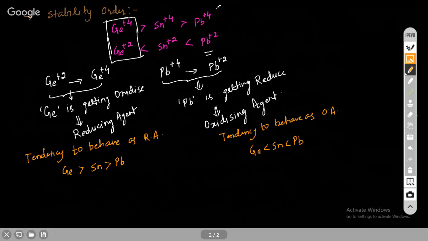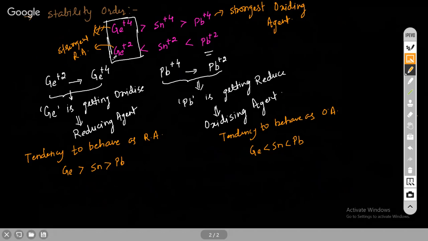So Pb +4, you can say it is the strongest oxidizing agent. Remember, I am writing down oxidizing agent here, right? And this one is the strongest reducing agent. This property is very important. Okay, you must remember.